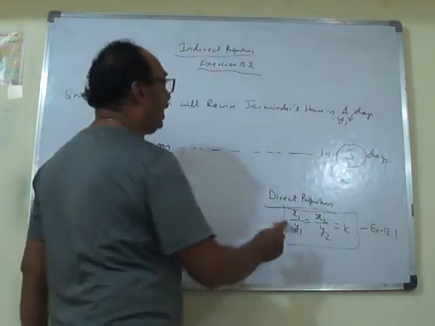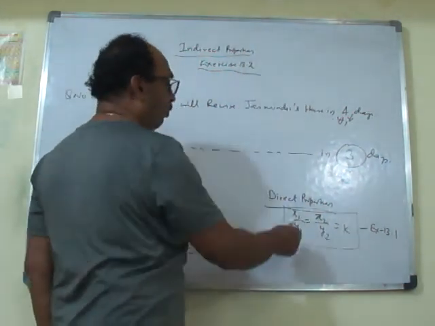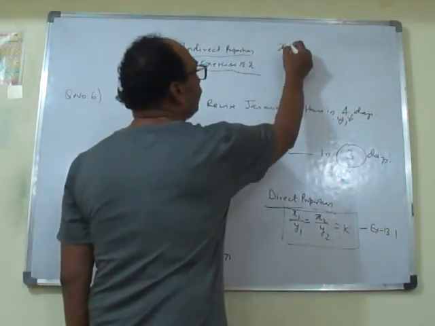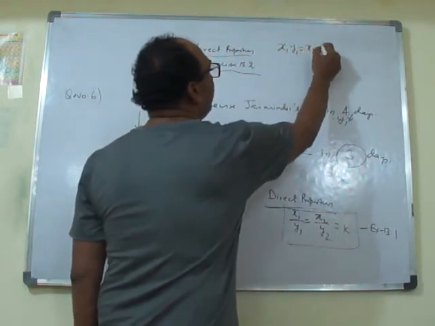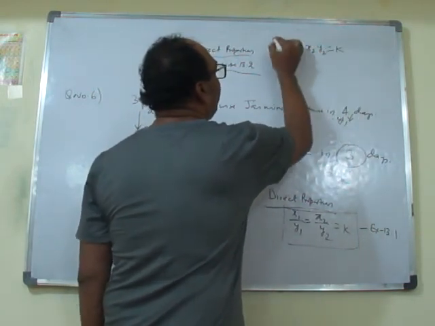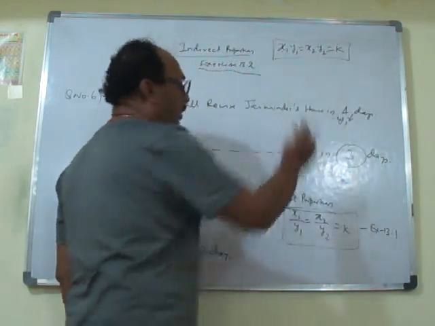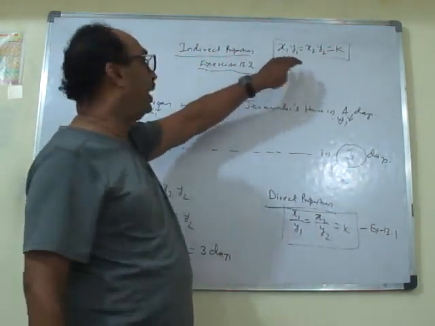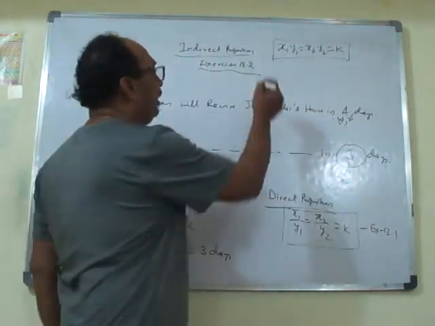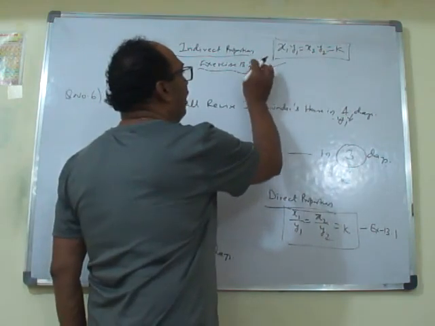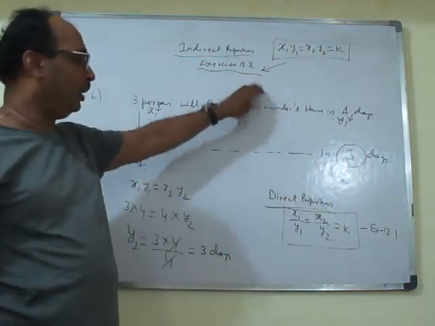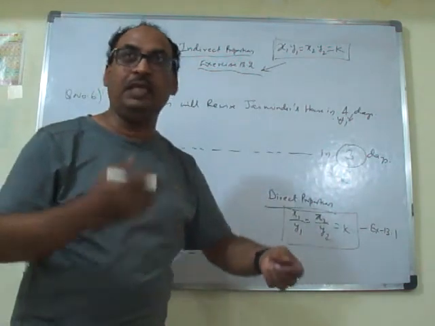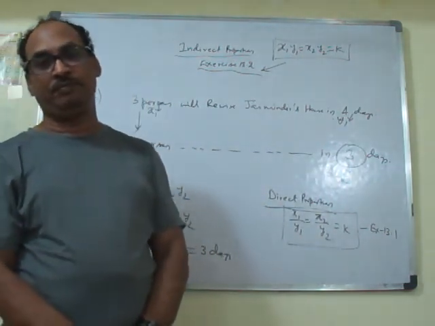And for indirect proportion, what was the concept? x1 y1 is equal to x2 y2 is equal to k, where k is a constant. This concept we applied for indirect proportion, and all questions related to exercise 13.2 can be solved by using the basic concepts.